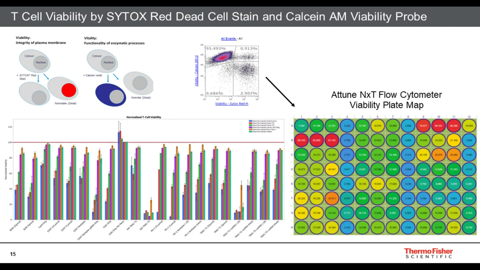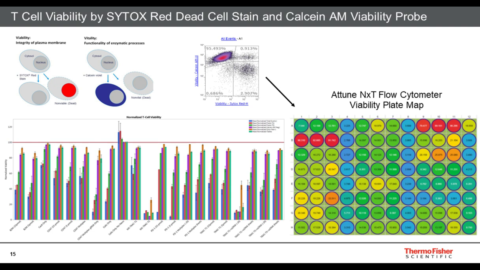The majority of your population are going to be your viable cells up here. They're calcium AM positive and Cytox Red negative. But then you also have two other populations. You'll have some where their membrane is compromised, but they're still showing vitality. And then you also see the ones that are Cytox Red positive and calcium AM negative. Those are truly your dead cells.